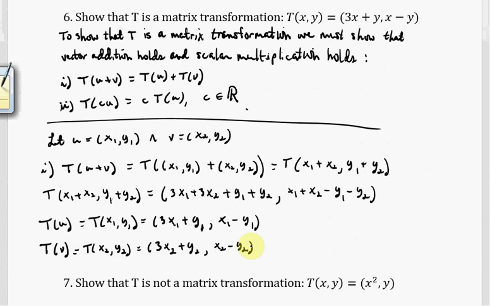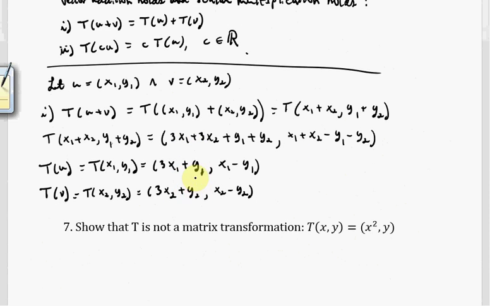Now we have to see if T of U plus V is the same thing as T of U plus T of V. Basically, we add T of U plus T of V, and add the results to see if that equals the result right here.